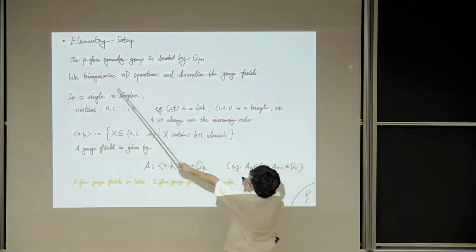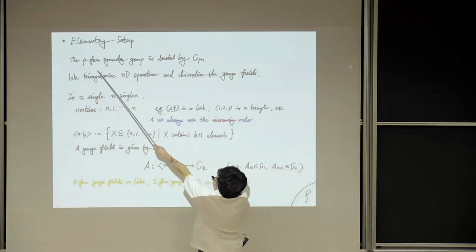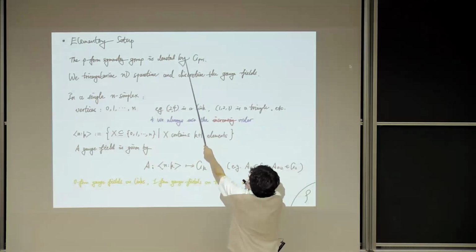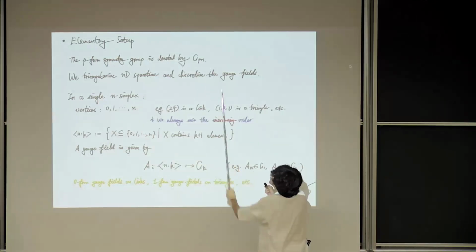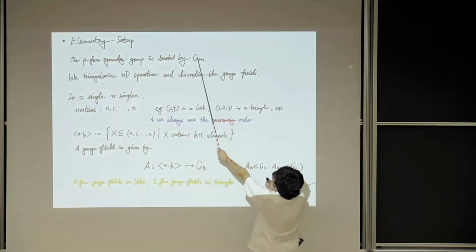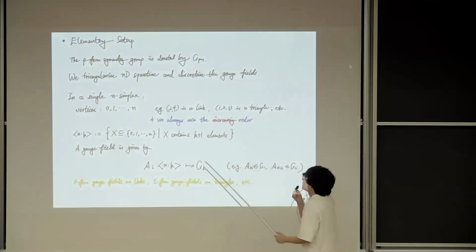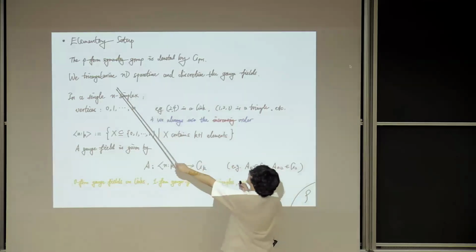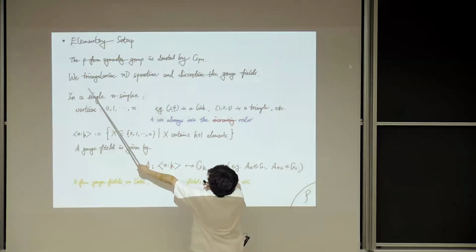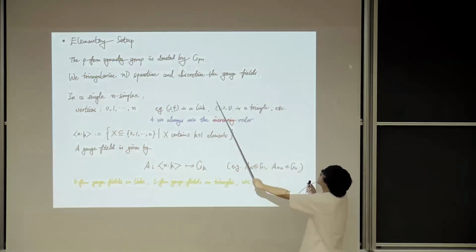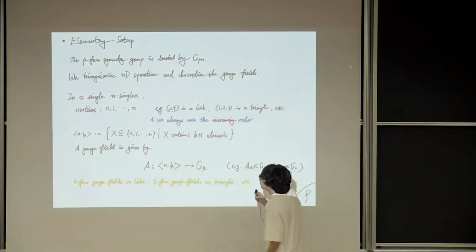And I will denote each p-form symmetry gauge group by G_{p+1}. So G_1 means 0-form symmetry, G_2 means 1-form symmetry, and so on. And then I will just do what Dijkgraaf and Witten did. We try to triangulate the space-time and discretize the gauge fields.